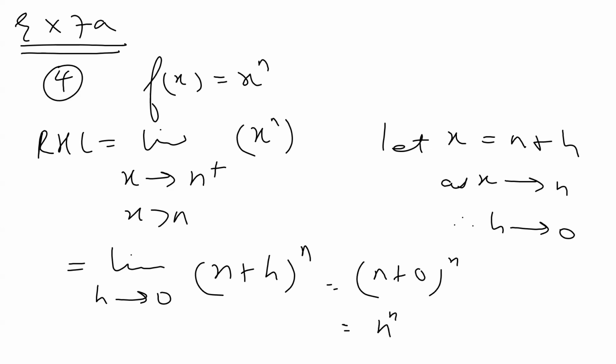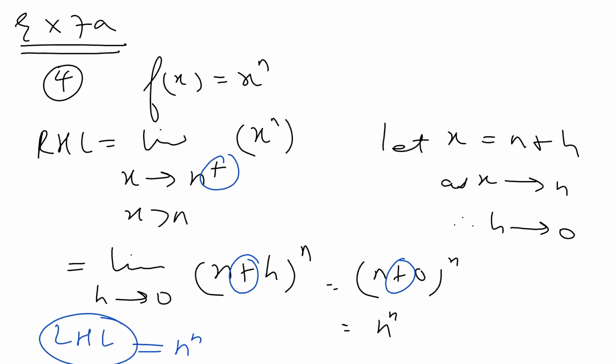So this is n raised to n. Now you do LHL on your own. This sign will be minus, and LHL will also give you n raised to n. Now the third thing, f of x at x equal to n. So x raised to n, put x as n. So this is also n raised to n.